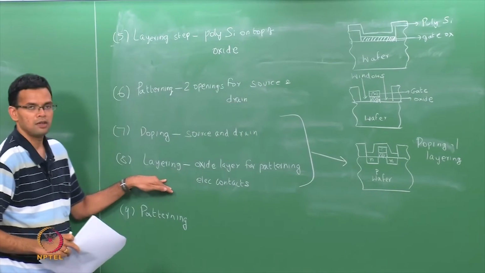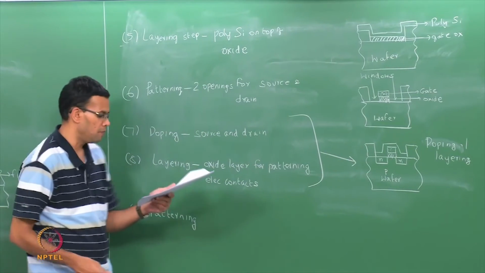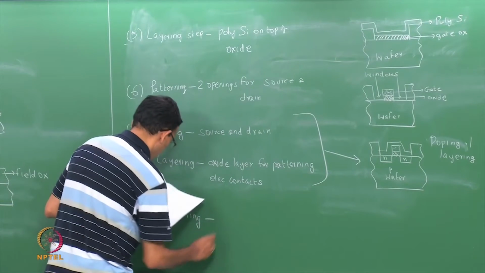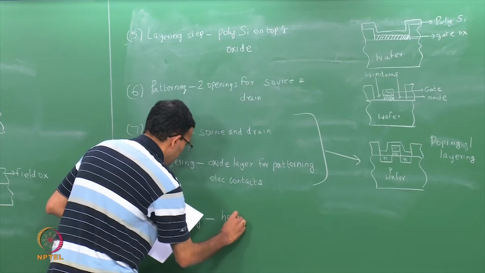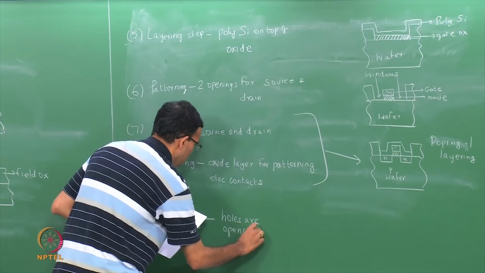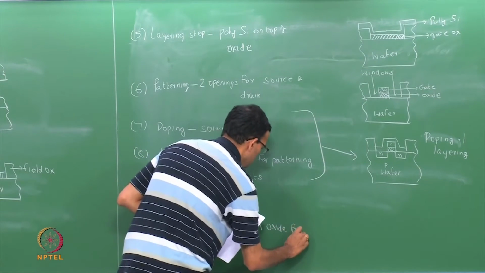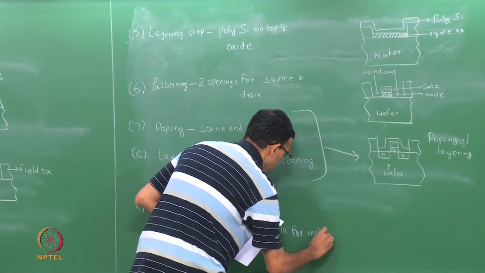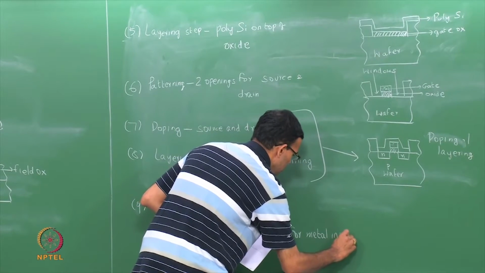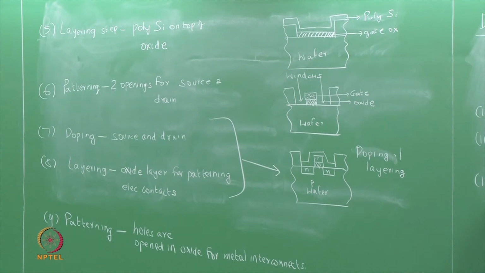So after layering, we do patterning in order to create holes in the oxide, so we can deposit the metal and form interconnects.